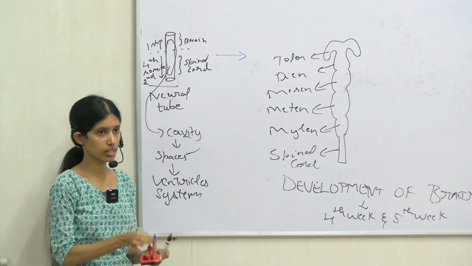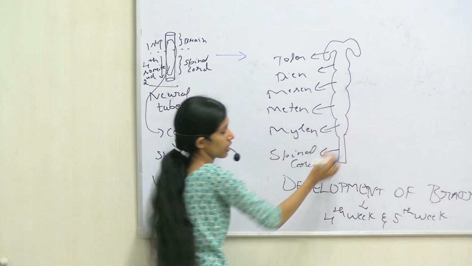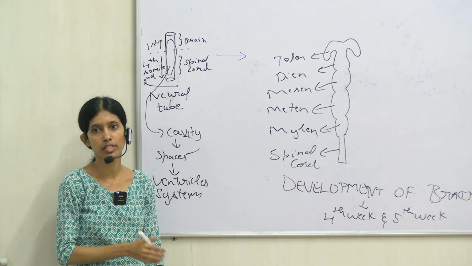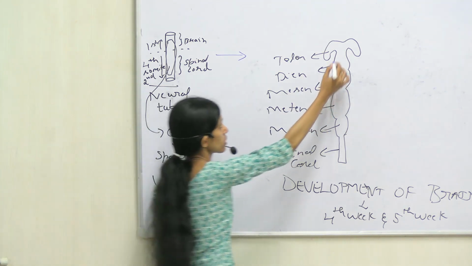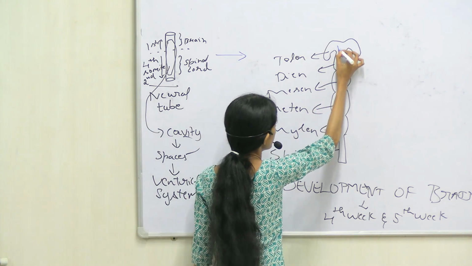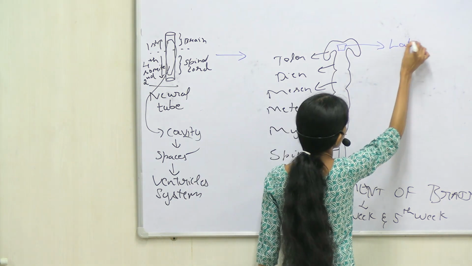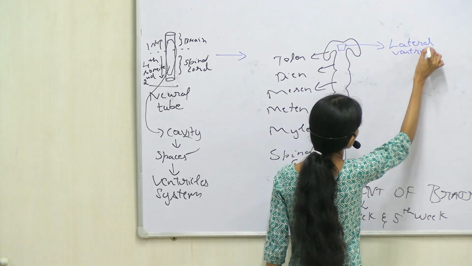Now in this region, this whole area will present as a cavity, and these cavities will be given different names in different areas. The cavity present in your telencephalon, in this area, is called as lateral ventricle.